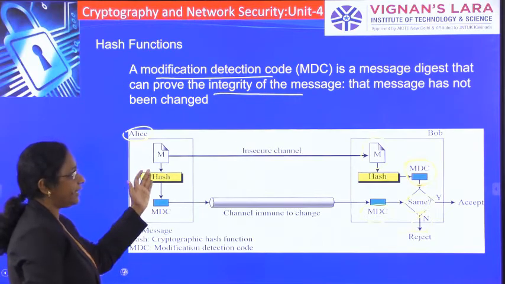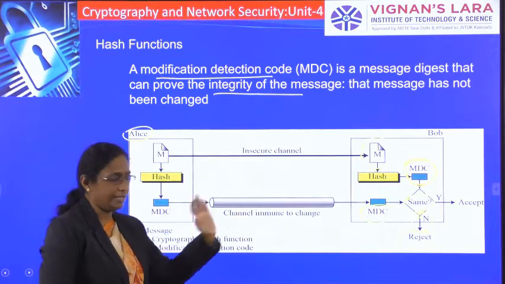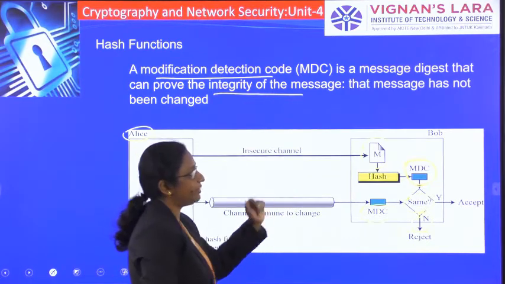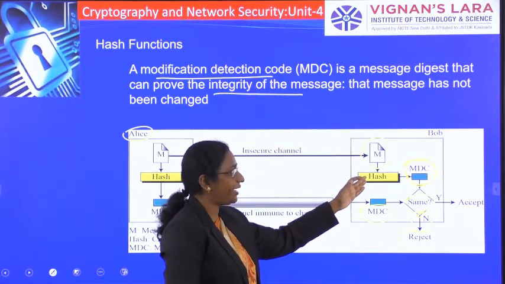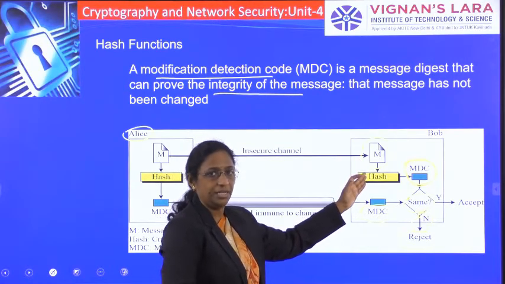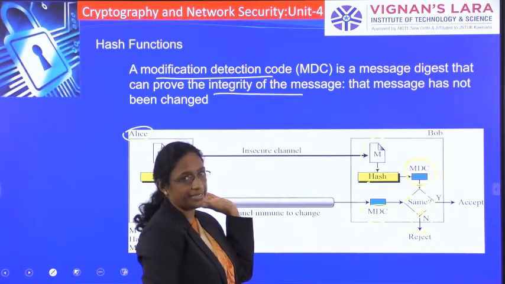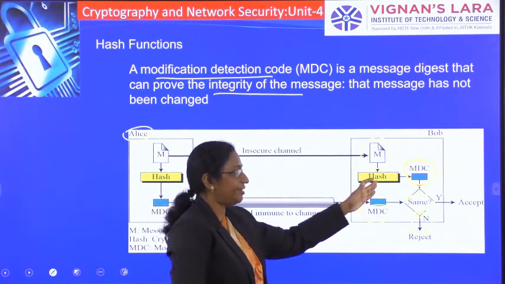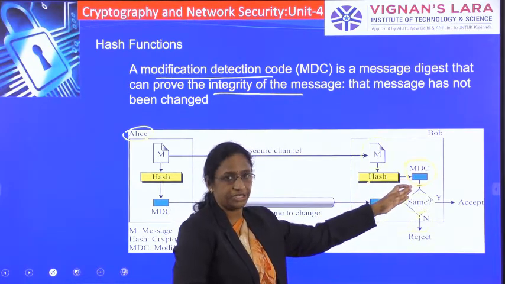Then the sender, along with the message, sends the modification detection code to the receiver. The receiver takes the message and again applies the hash algorithm, the same algorithm that is applied by the sender, and generates the modification detection code.